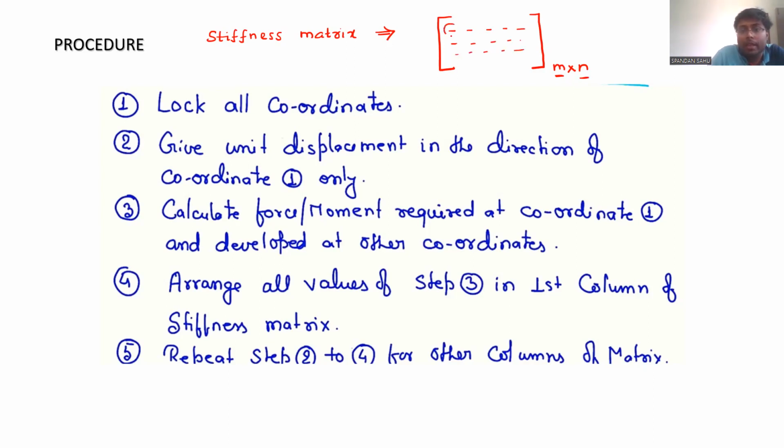So these elements of stiffness matrix for structural analysis have some meaning. In the previous class, we discussed what is stiffness. Stiffness means when you are applying a unit displacement to the structure, then at that point, how much force you need to give, that is called the stiffness of the structure.